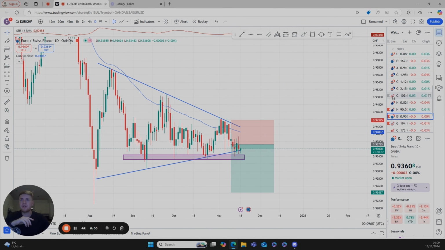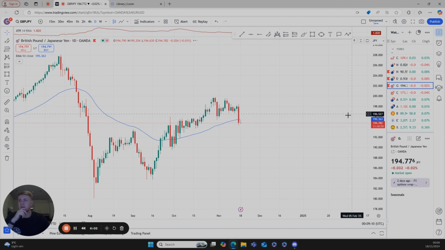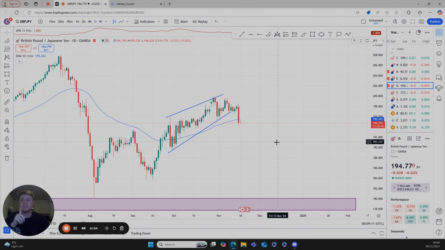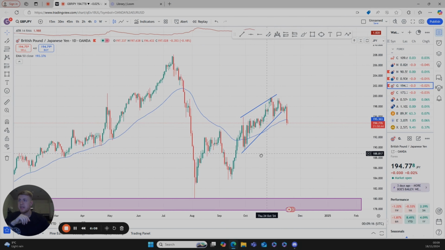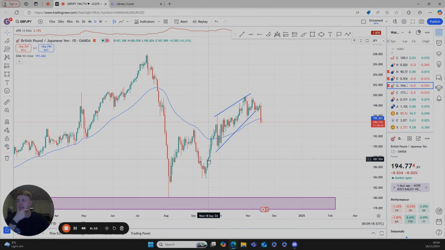We'll also have a look at the others. So starting off with, this is the one that I believe I missed. So we'll go through these. So here we have the British pound, Japanese yen, and as you can see, we've got a rising wedge, steep incline, then starts to slow down.